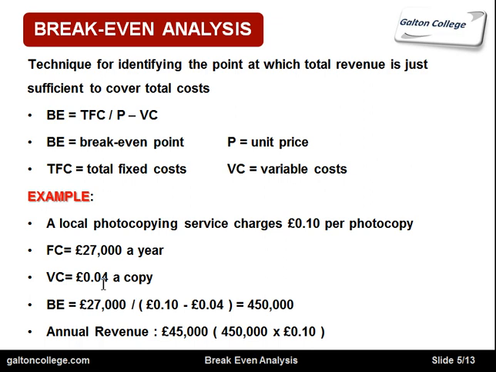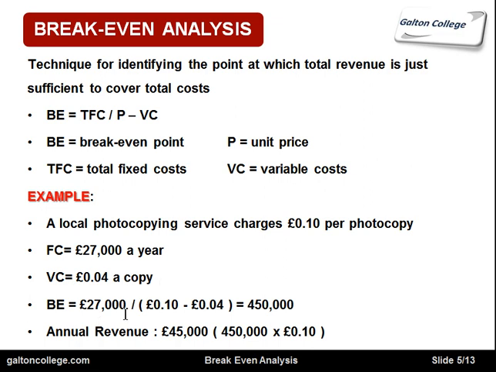So a large amount of photocopying will cost more than a small amount. It'll use more paper, more ink, more power, and the person will have to be paid more perhaps to do the work. Depends. But let's say the variable cost in this case is just 4p. So it's 4p a copy.